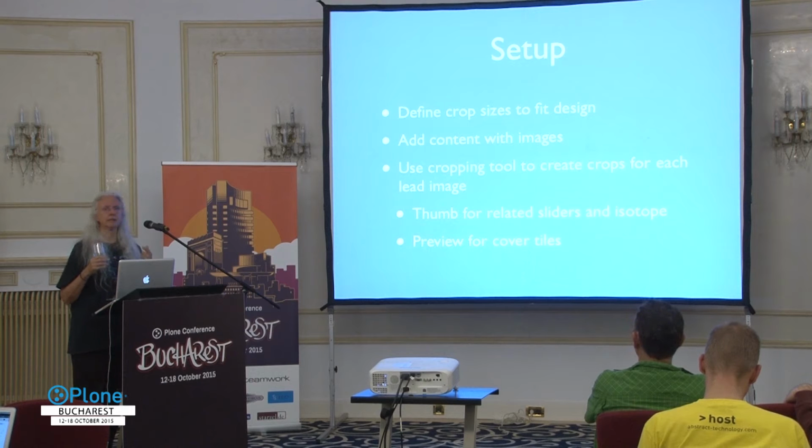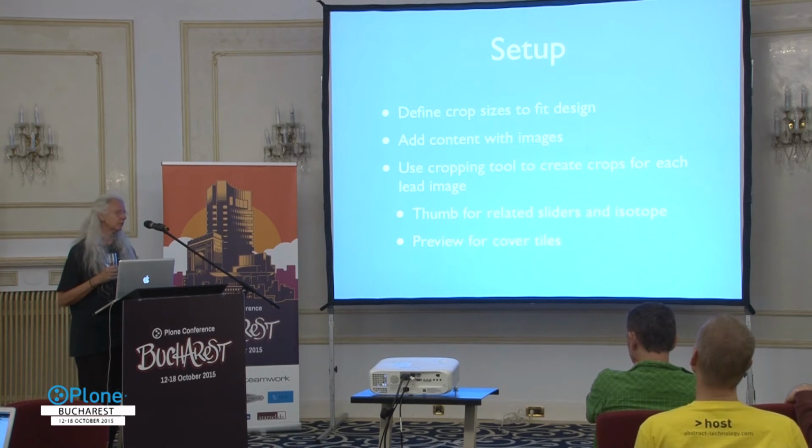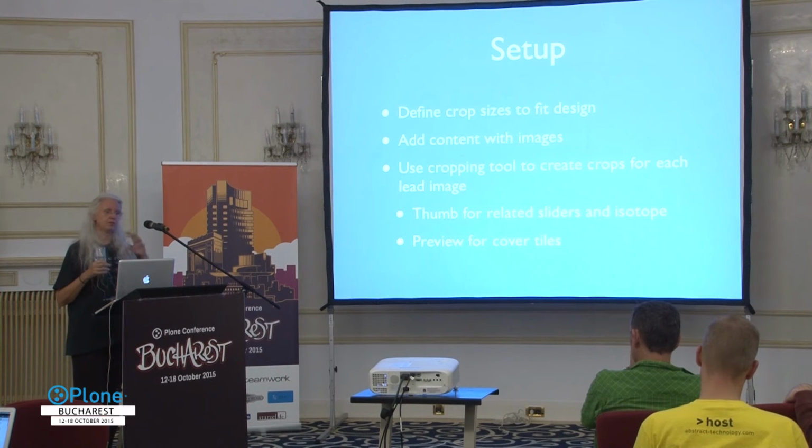And then the collective cover tiles that we have use the preview size. It's actually a pretty similar size, but it's a different aspect ratio. So those were the two crops that we set up the definition for.